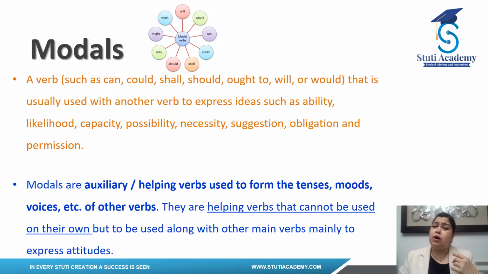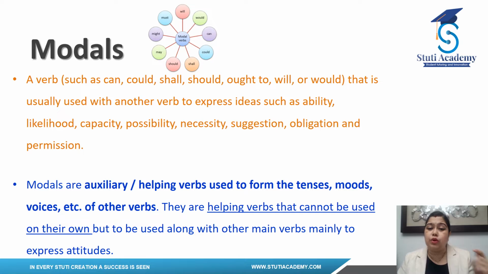It can be a verb such as can, could, shall, should, ought to, will or would, and it is usually used with another verb to express ideas such as ability, likelihood, capacity, possibility, suggestion, necessity, permission, or obligation.